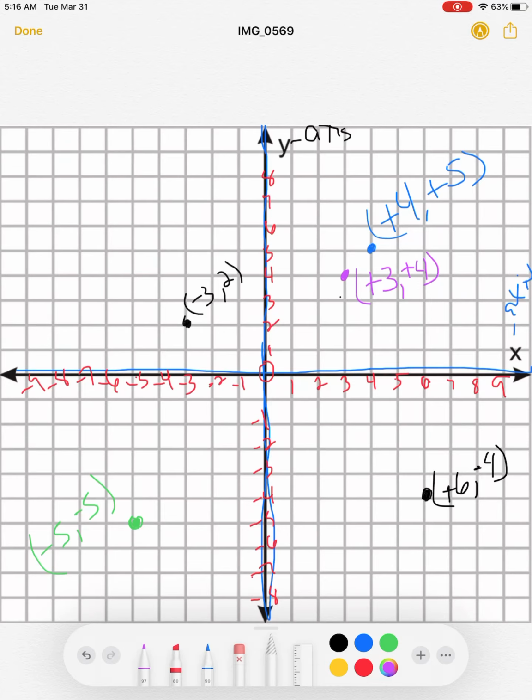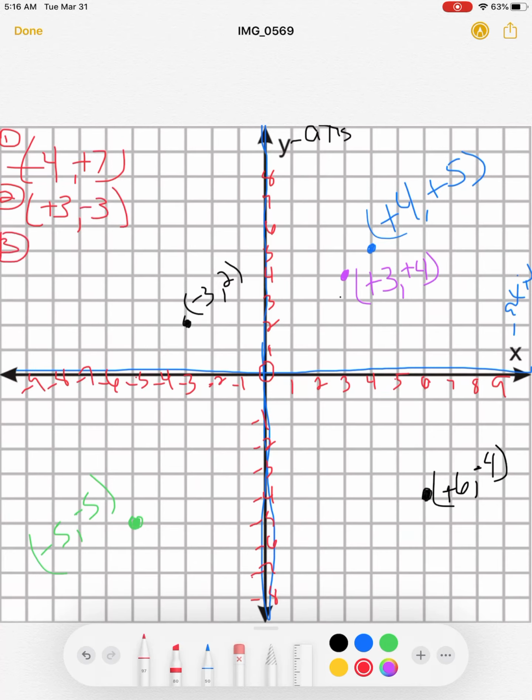So, number one, I want you to plot, and I'll do all red so you all know: (-4, +7). Okay, that'll be number one. Number two, (+3, -3).